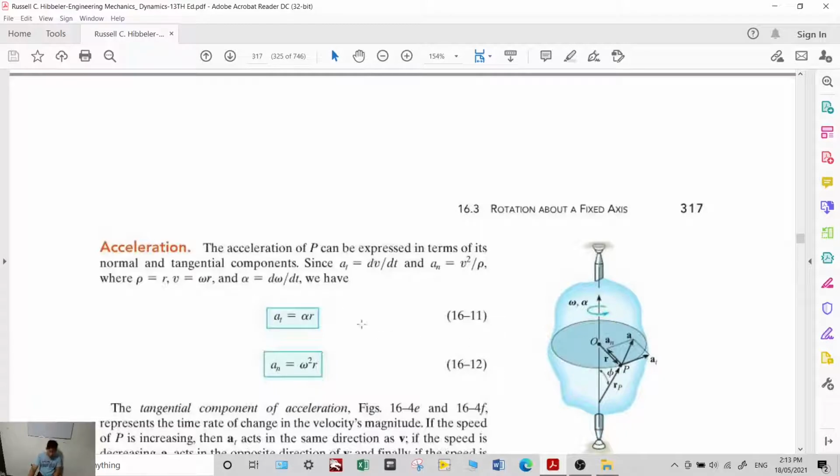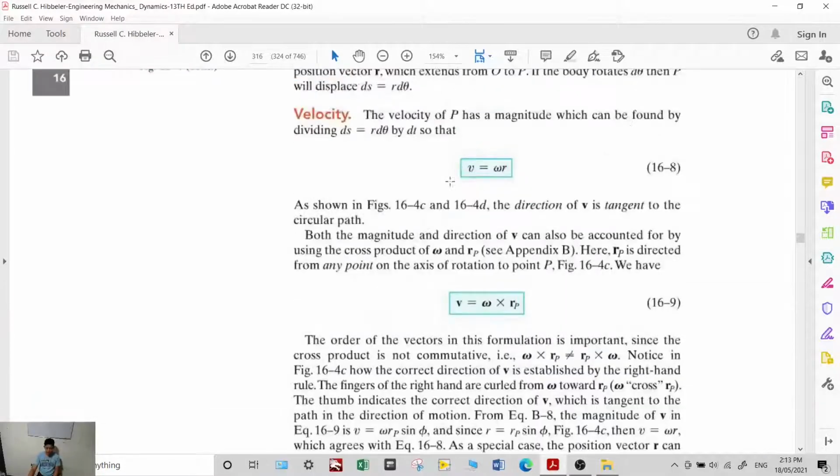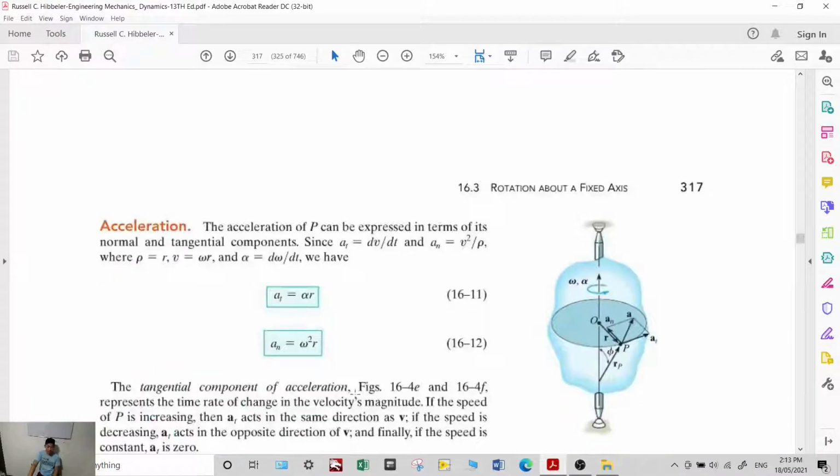So for tangential acceleration, you just differentiate, so this will just become alpha r. And the normal acceleration is v squared over rho. V squared over rho. So, what is v?